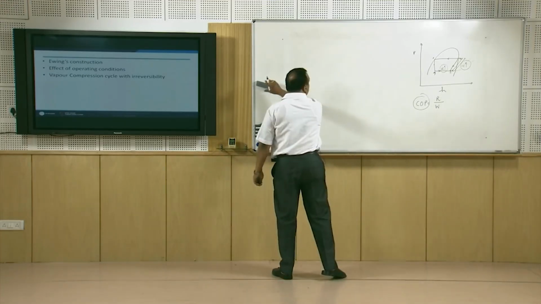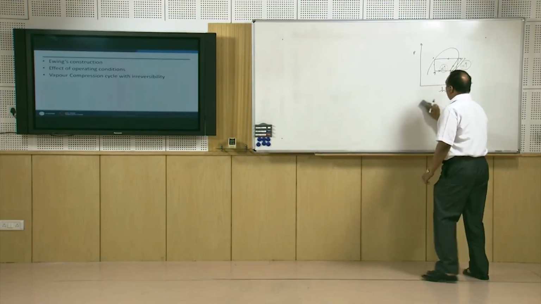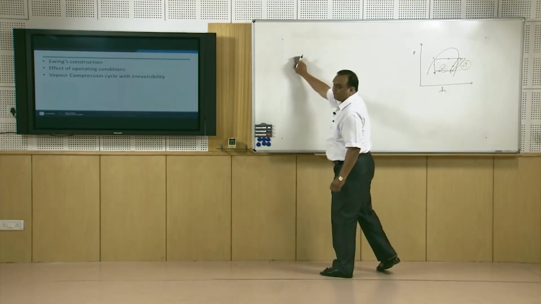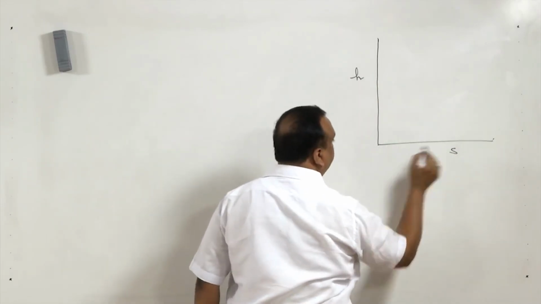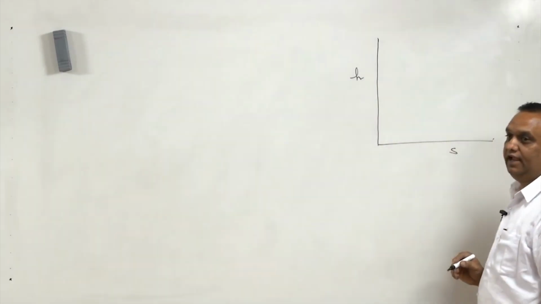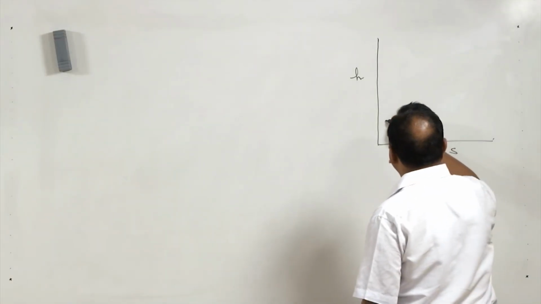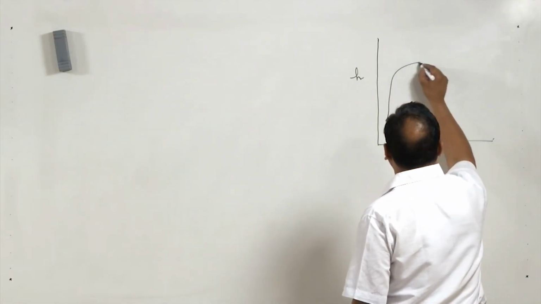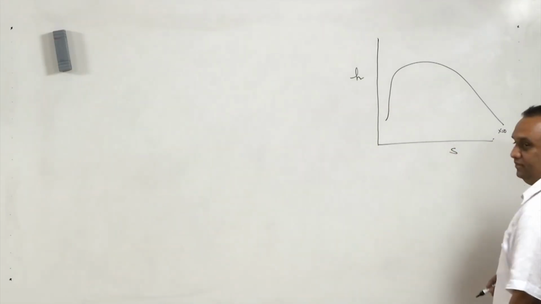Now, if we transform this pressure enthalpy diagram onto the Mollier diagram, the Mollier diagram is an enthalpy entropy diagram, and that can be drawn for any gas or any vapor. So, for example, for refrigerant R134a, if I draw the Mollier diagram, this is the saturation line.